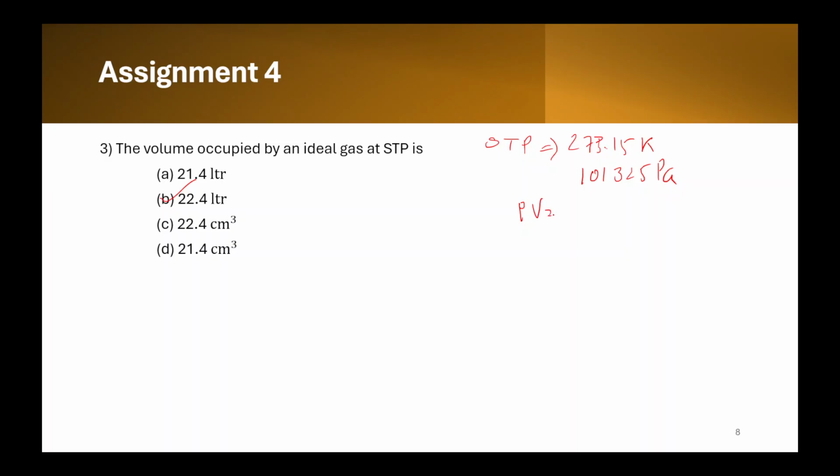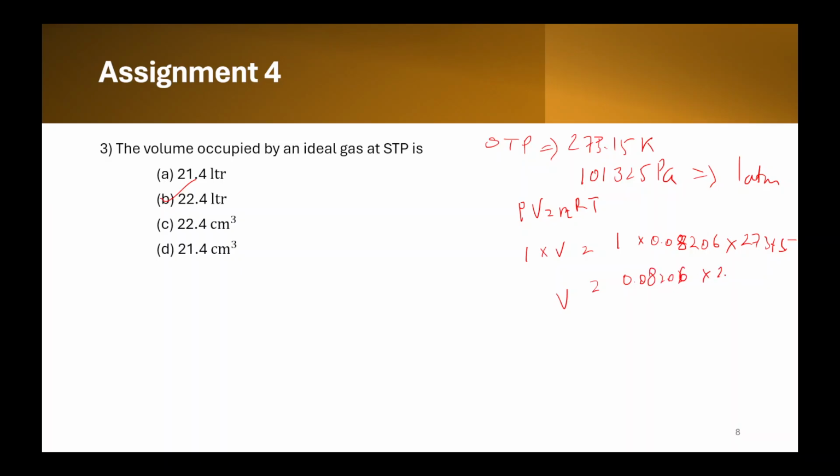PV is equal to nRT, or we can write it as 1 atm into V, n is 1 mole we take, R we take as the liter atm per mole Kelvin value, 0.08206, into T is 273.15.